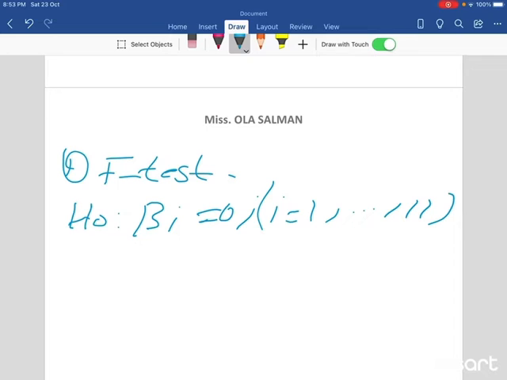All the betas from 1 to 11, but don't miss to write the B, because the B is also in the model.